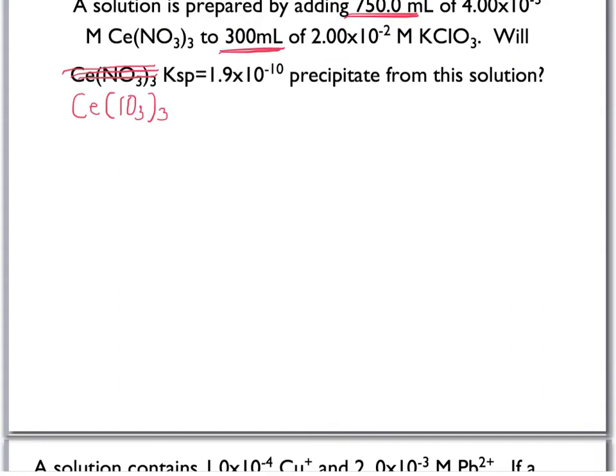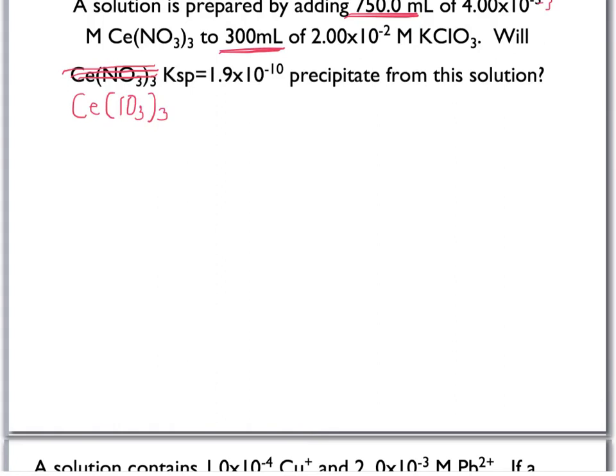A solution is prepared by adding 750 mils of a 4.00 times 10 to the negative 3 molar cerium nitrate to 300 mils of 2.0 times 10 to the negative 2 molar KIO3. Will cerium iodate with a KSP of 1.9 times 10 to the negative 10 precipitate from the solution?